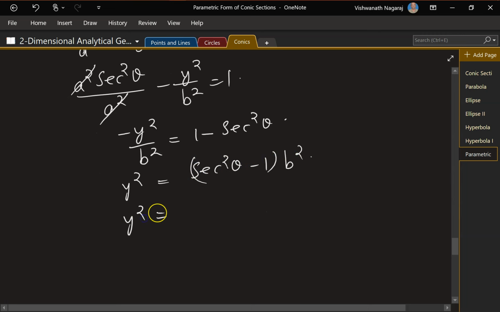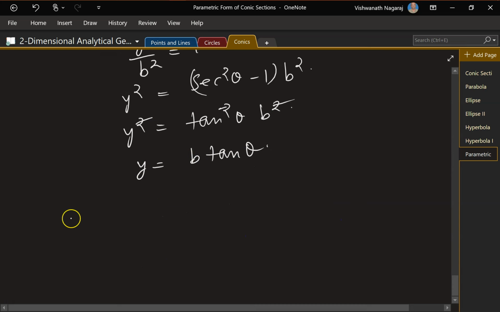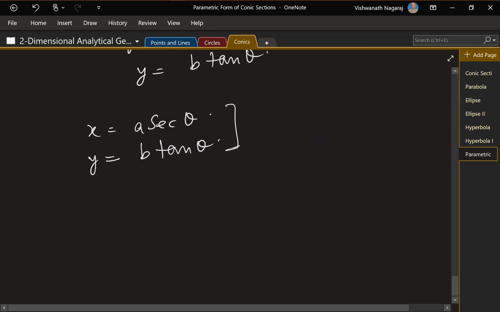Now y square is equal to tan square theta b square. Square gets cancelled. So y is equal to b tan theta. Now the parametric form of the equation of a hyperbola would be x is equal to a sec theta and y is equal to b tan theta, and the parameter is theta.